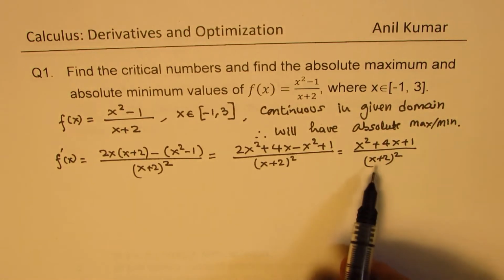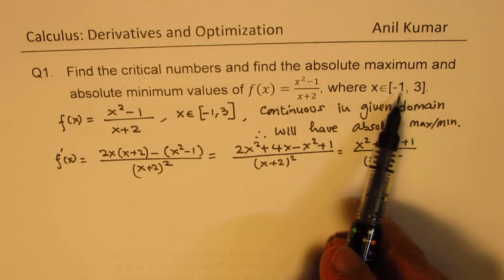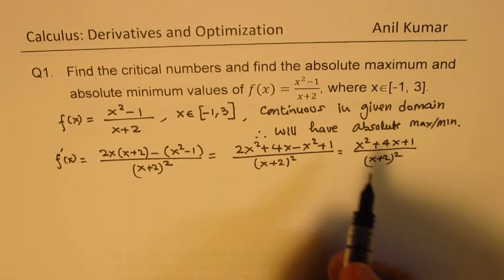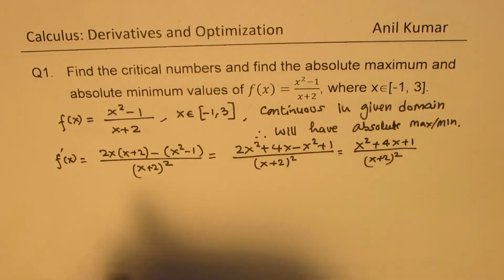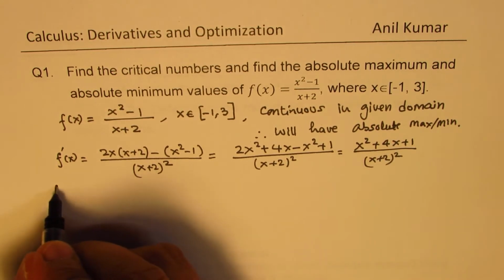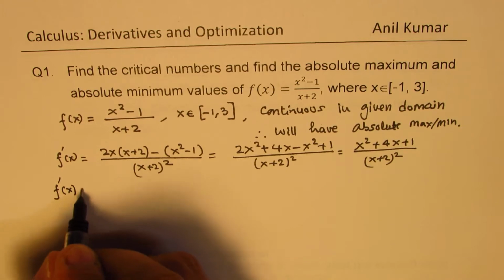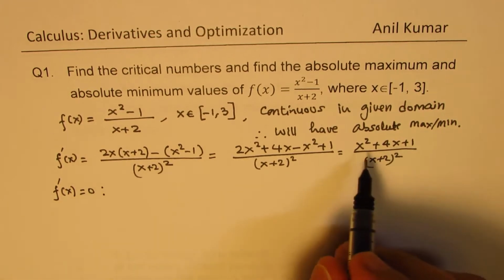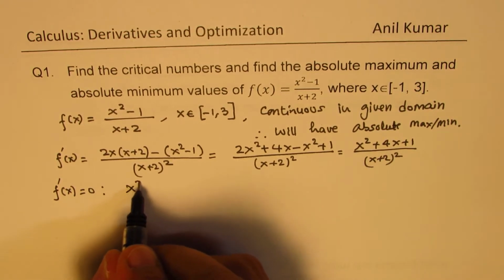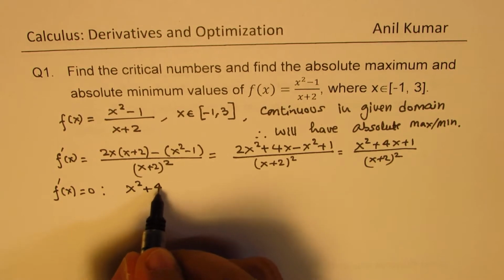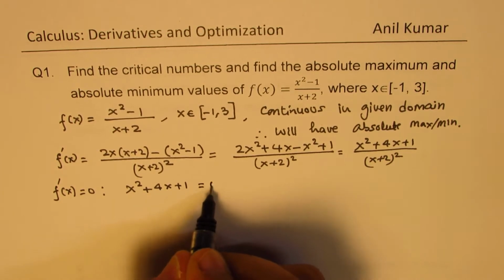Now the denominator will be 0 at x equals minus 2, but that is not in our domain, right? So let's look into the numerator now. So when is the derivative equal to 0? For that, we'll equate x squared plus 4x plus 1 equals 0.